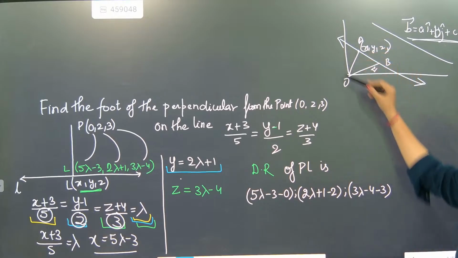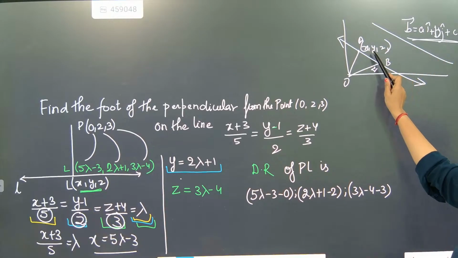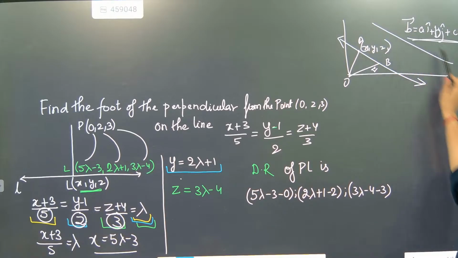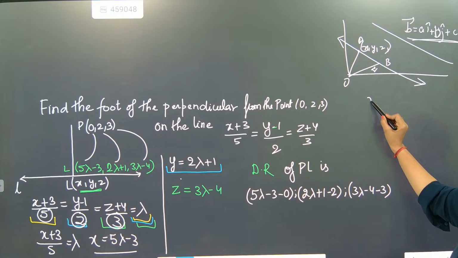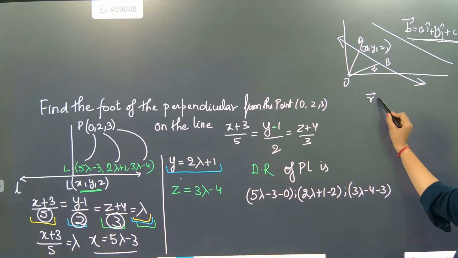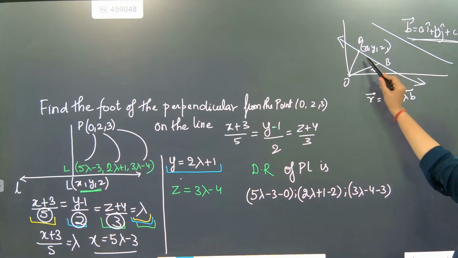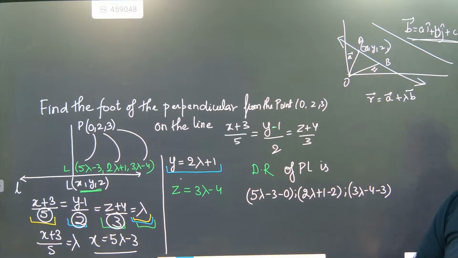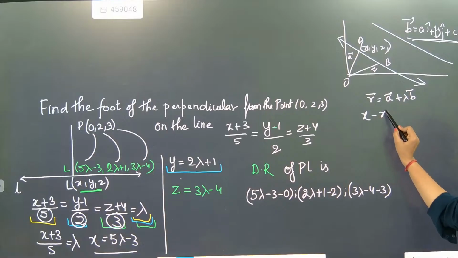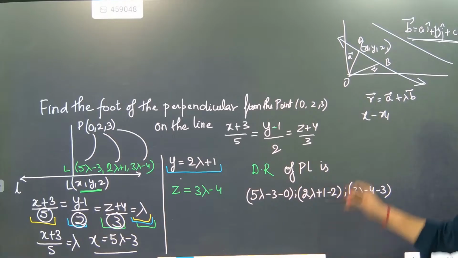Beta, how are we presenting this equation? One fixed point is there on the line, and a vector which is giving direction is there. So how are we writing the equation? R vector is equal to A vector plus lambda B vector. This is the B vector and this part will become the A vector. And in Cartesian format, how are we writing? x minus x1 by a, Praveen, x minus x1 by a.